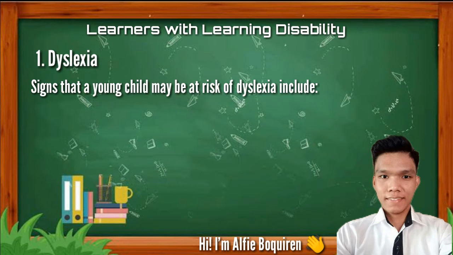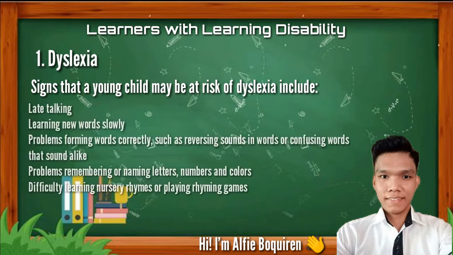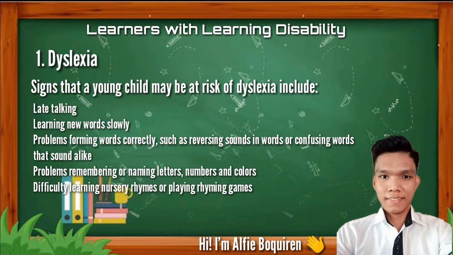Signs that a young child may be at risk of dyslexia include late talking, learning new words slowly, problems forming words correctly, such as reversing sounds in words or confusing words that sound alike, problems remembering or naming letters, numbers, and colors, difficulty learning nursery rhymes or playing rhyming games.